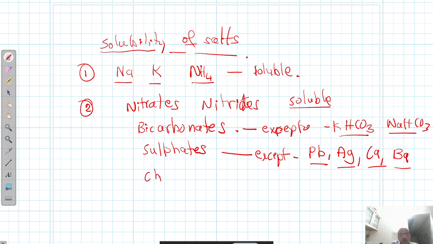Similarly, all chlorides are soluble, again except Pb, silver Ag, and Hg. These three chlorides are not soluble.